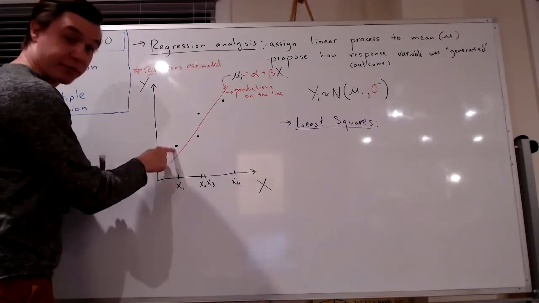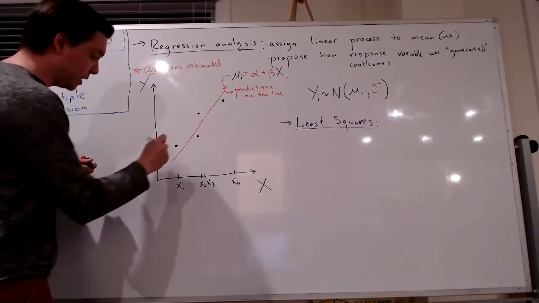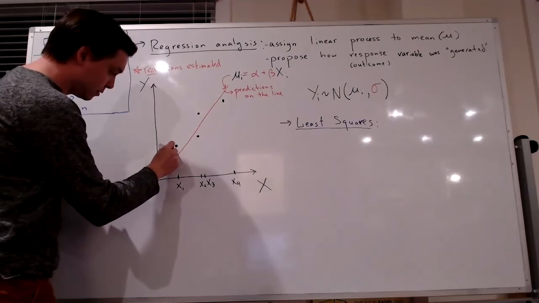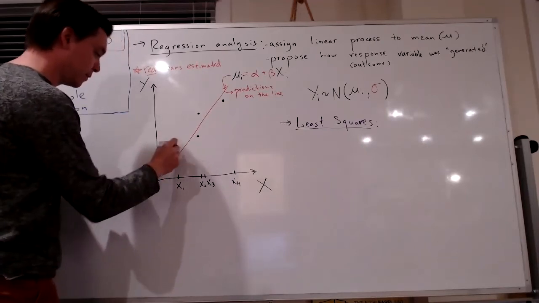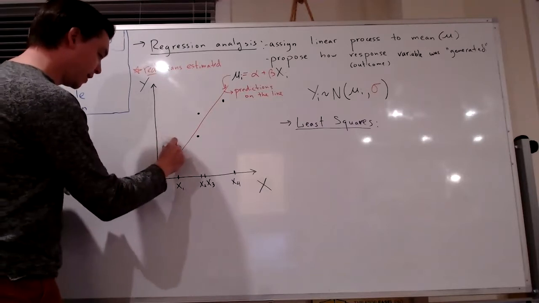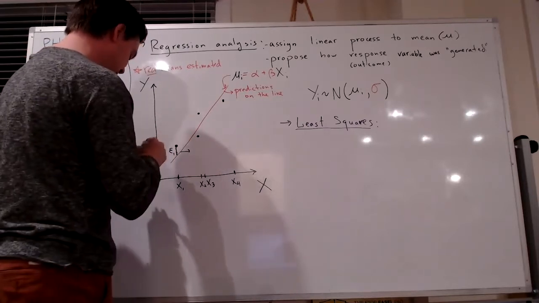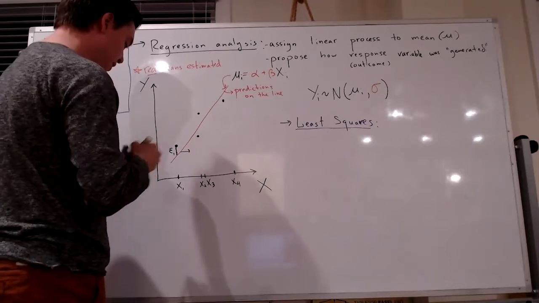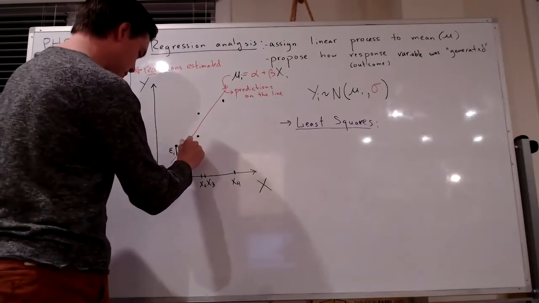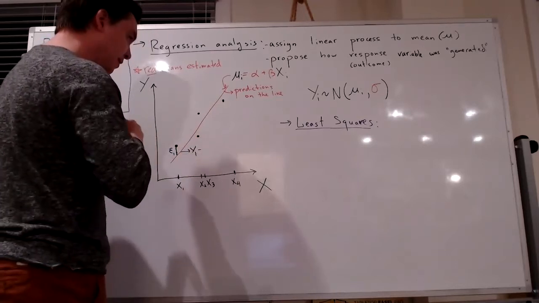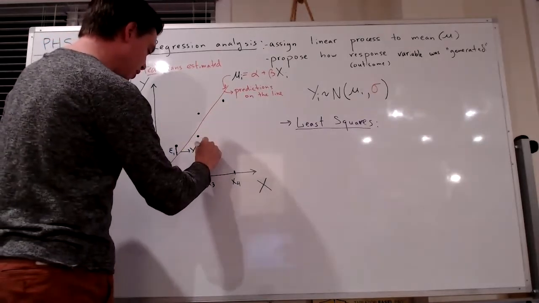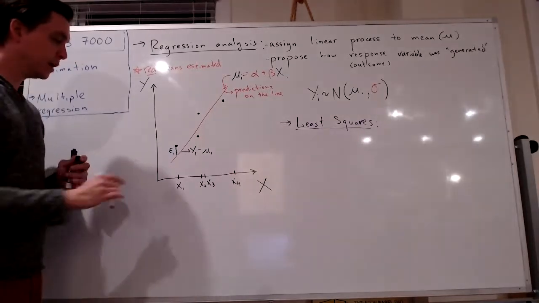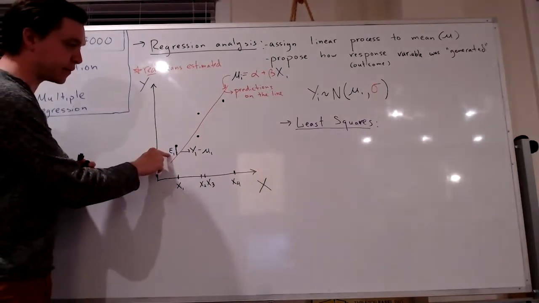In fact, we have underpredicted this observation by how much? This much. This is the first error. And we could even write it out. This is our observed data point minus the predicted data point, which is mu1.